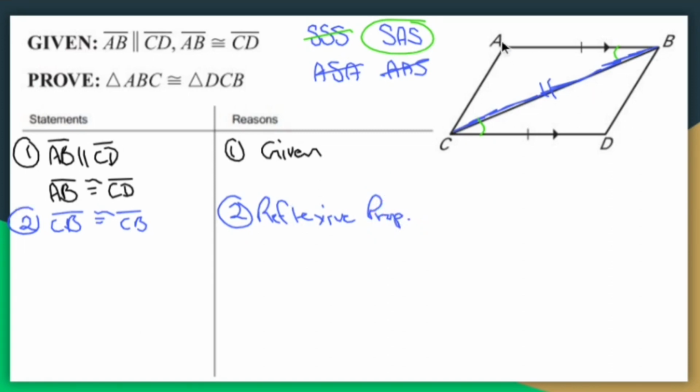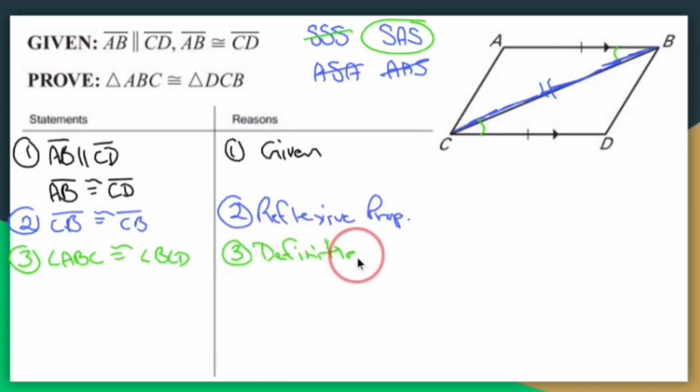Now I could say that angle ABC is congruent to angle BCD, and that is by definition of alternate interior angles. Those parallel lines make this happen.